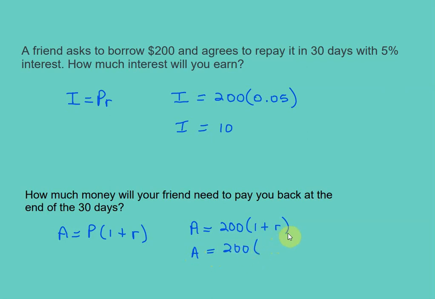And the rate in this case is the 5%. So 1 plus 0.05. All right, and if we put that in our calculator, we would get $210, which you could have also figured by just taking the amount that you started with, the $200, and adding the interest that you found by doing the principal times the rate.